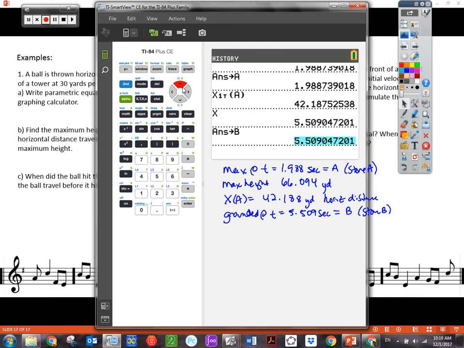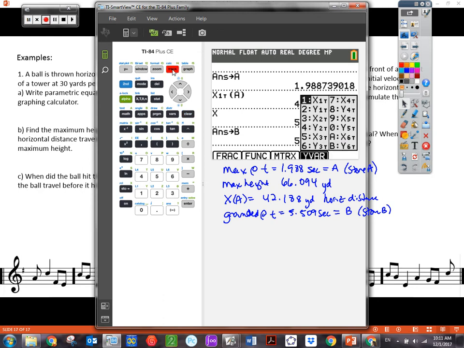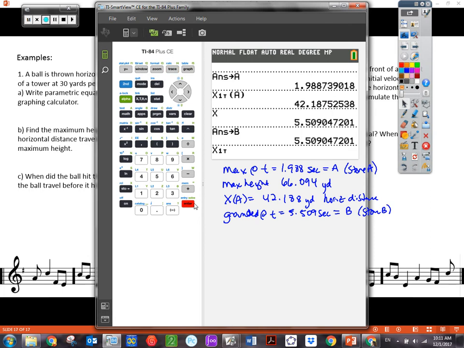Actually, I can even go up and highlight that and then just change that to B. So I want x1, which, okay, so we probably need to do that again. So alpha calc x1, that's how we get to x1, of B, and that's going to give me my horizontal distance.